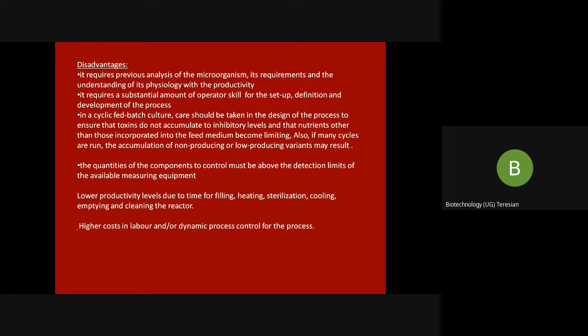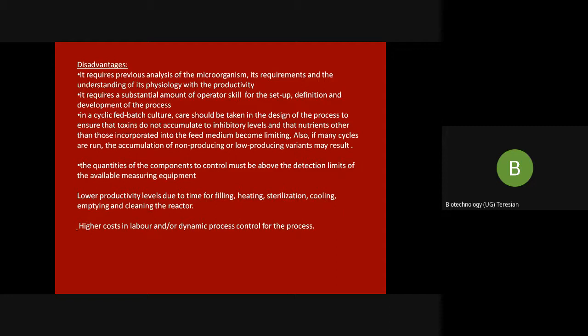So you know that when we started with the batch culture and now the fed batch culture, you know the difficulties, how much we are facing. That is, a skilled operator should be there to operate the instrument, who should have thorough knowledge of operating the fermenter. So that can be a disadvantage if you don't find a skilled operator.